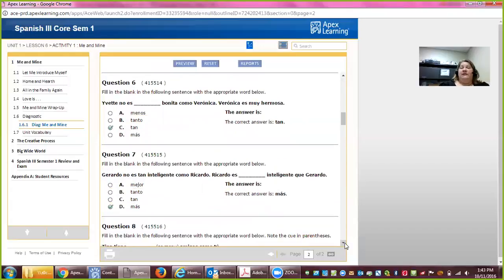And then this tan, adjective, como. We've seen that before, maybe on some written assignments. Then this one is no es tan inteligente como Ricardo. So Ricardo es más inteligente de Gerardo.